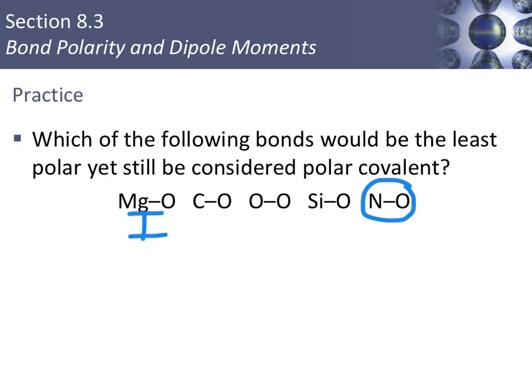Oxygen and oxygen are the same atom, so that would be a nonpolar covalent bond. We want to consider the bonds that are polar covalent. Nitrogen and oxygen are right next to one another on the periodic table. Their electronegativities would most likely be the most similar, and that would make the bond the least polar.